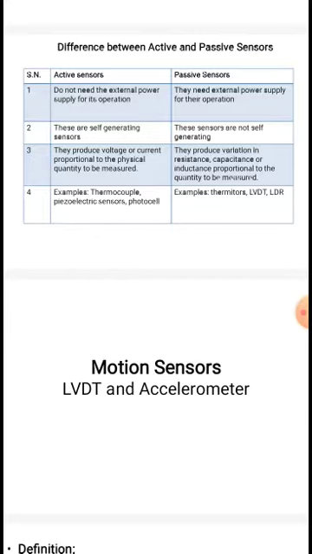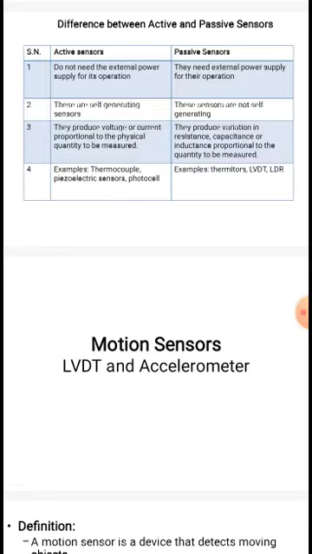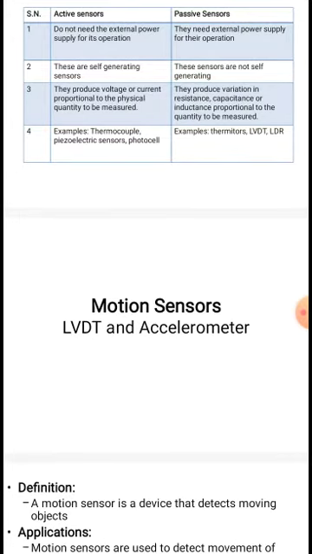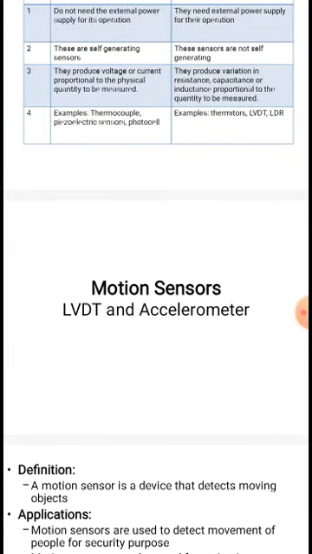An active sensor is known as a self-generating sensor, that means it generates the output itself. Passive sensors are not self-generating and do not generate the actual output itself. They produce a voltage or current proportional to the physical quantity to be measured.